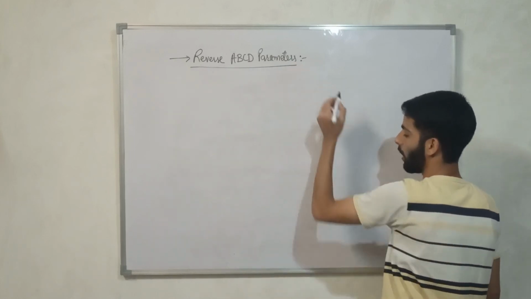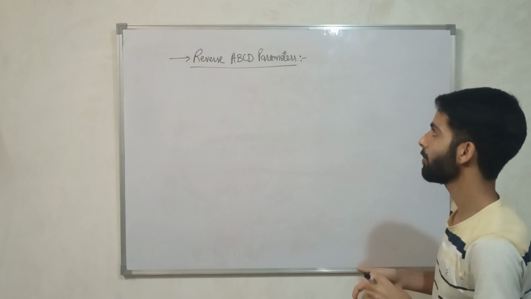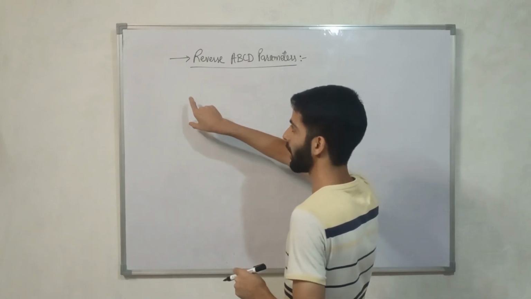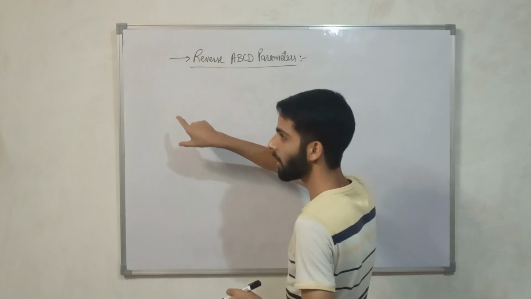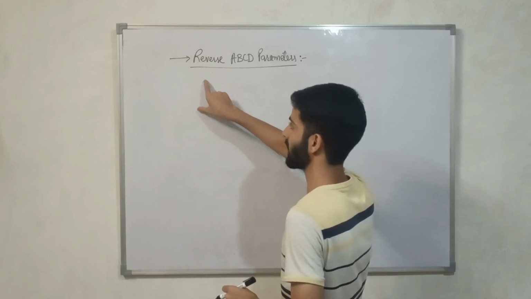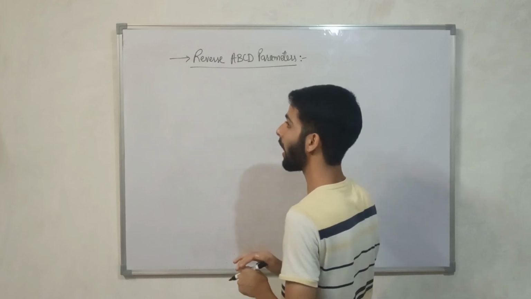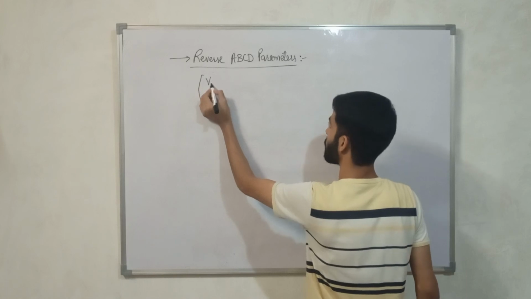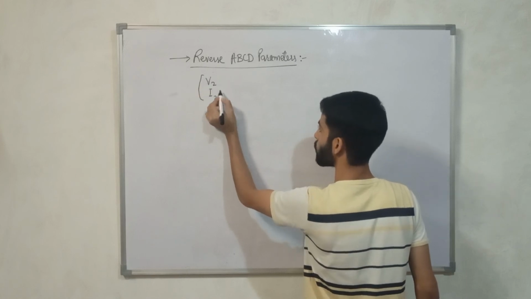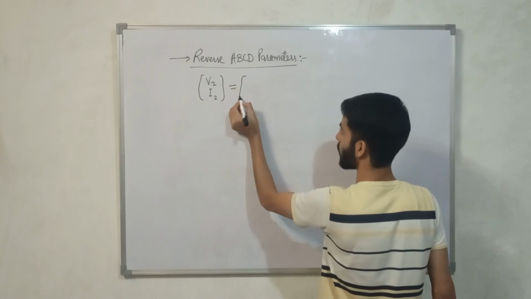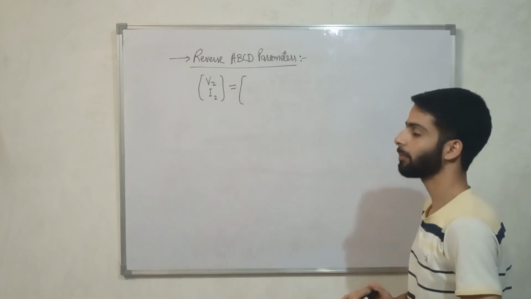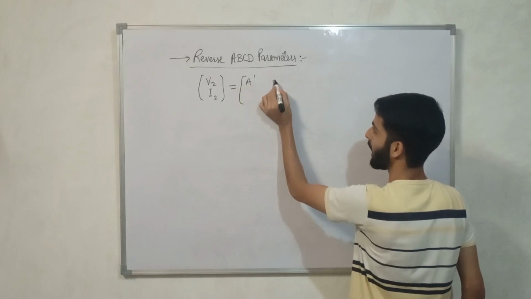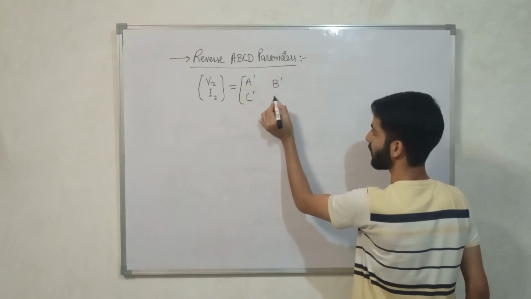How will the reverse ABCD parameters be written? In the previous section, we wrote V1 and I1 on the LHS side. Here we will write V2, I2, with subscript 2, on the LHS side. [V2, I2] is equal to [A' B'; C' D'], where A, B, C, D are replaced by A dash, B dash, C dash and D dash.